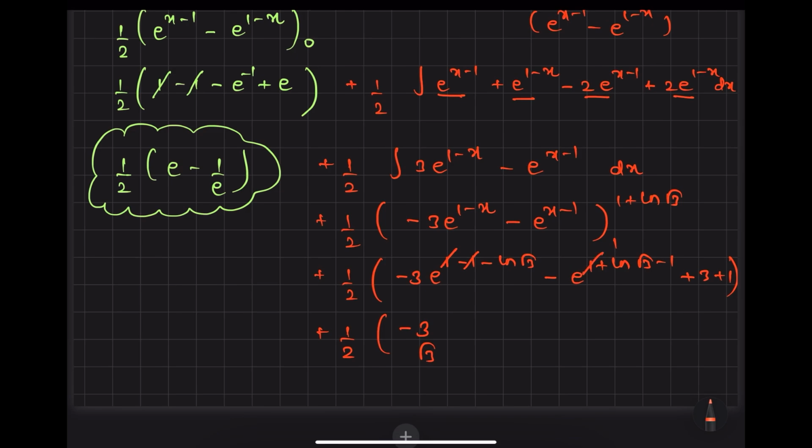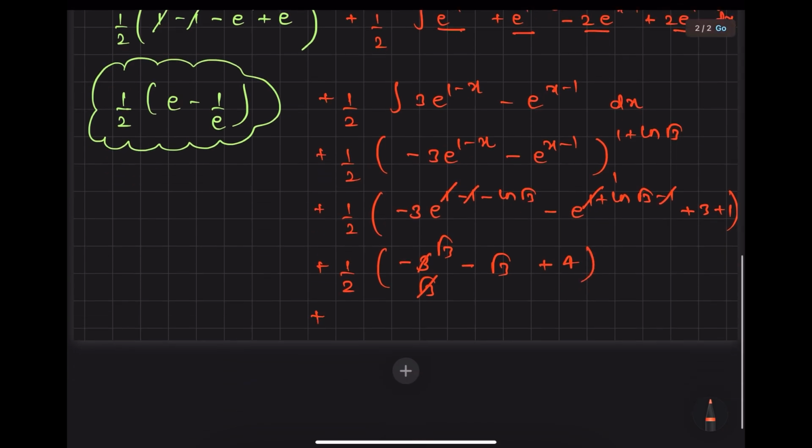Same here as well, minus of root 3, here also root 3, and we have 4 over here, so it will become minus of 2 times root 3. So 2 and 2 will get neutralized, we will be left with minus of root 3, and then we have 4, so 4 will become 2.